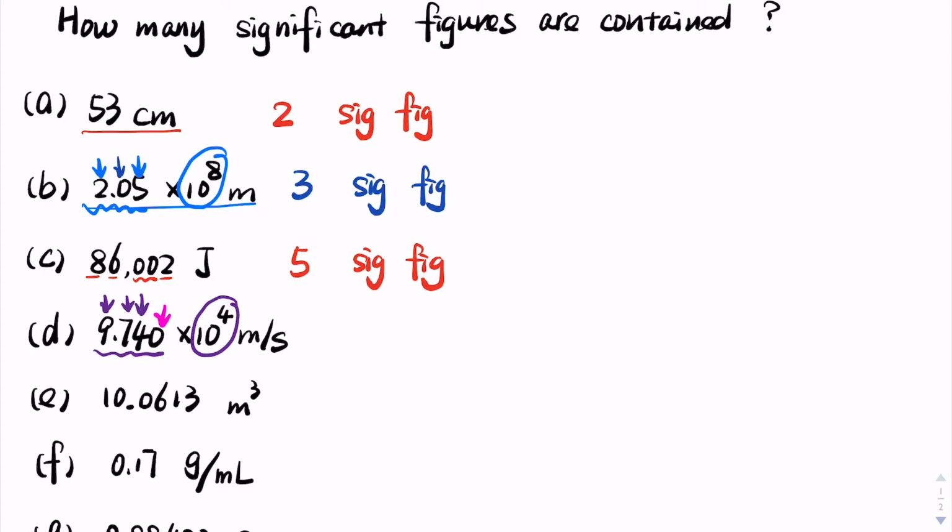This zero is what we call a trailing zero, after this decimal point. After the decimal point, it matters. It is significant. It's there to tell you that we could measure up to that digit, and of course, as we talk about, the last digit is estimated. So the rule is, after the decimal point, if we have a zero, that's a trailing zero, which will be significant.